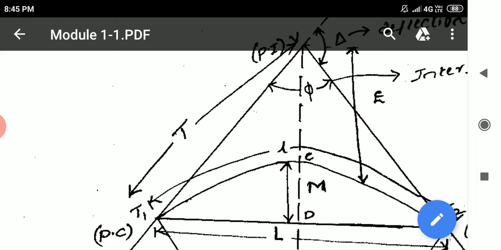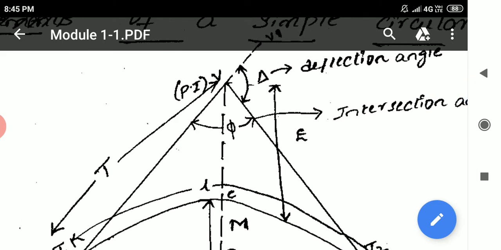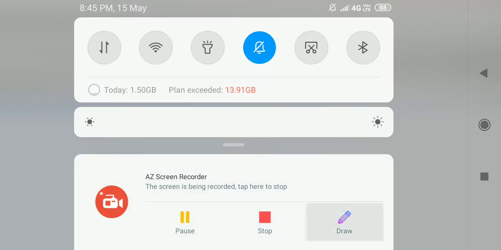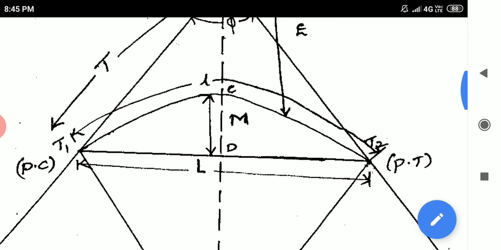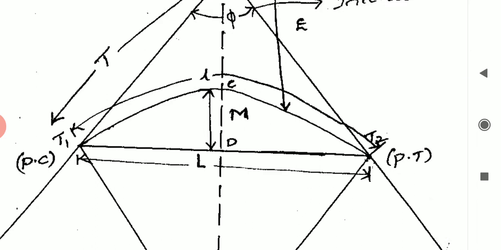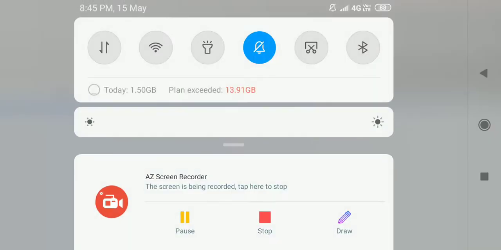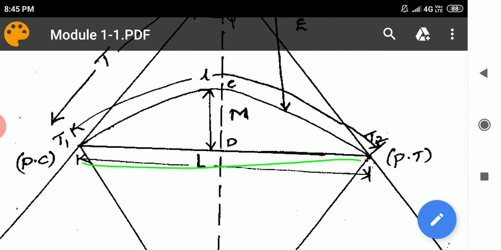Next one is the external distance. From here to here, it is the external distance. It is the distance from the point of intersection to the midpoint of the curve. Next one is the length of curve.